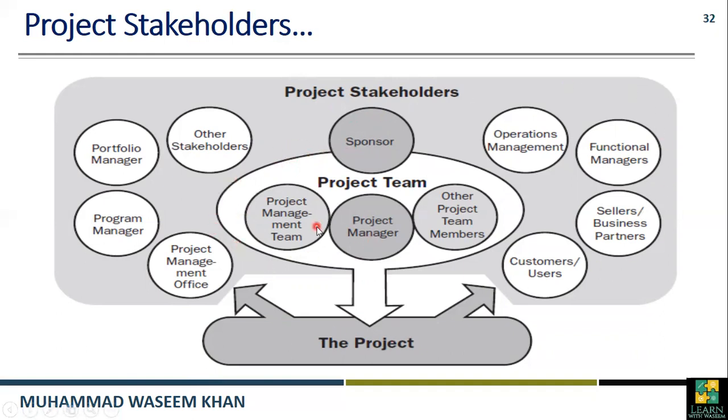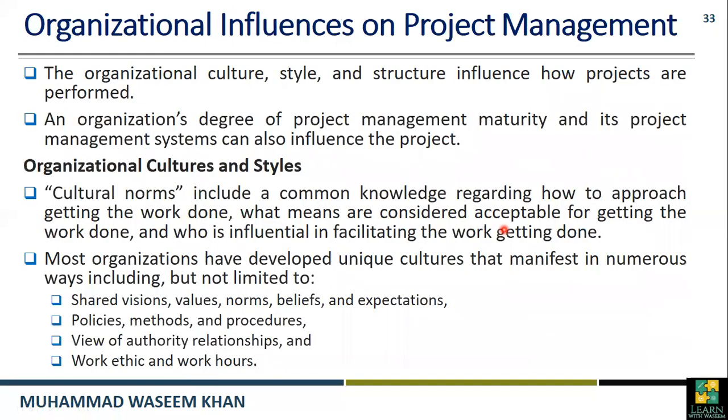The project team includes the project management team, the project manager, and other project team members. Some other project stakeholders are the portfolio manager, program manager, project management office or PMO, operations management, functional managers, sellers, business partners, and customers. These are all project stakeholders.